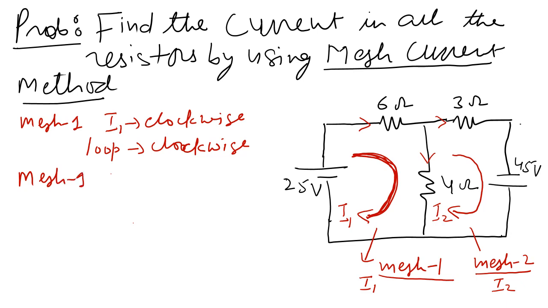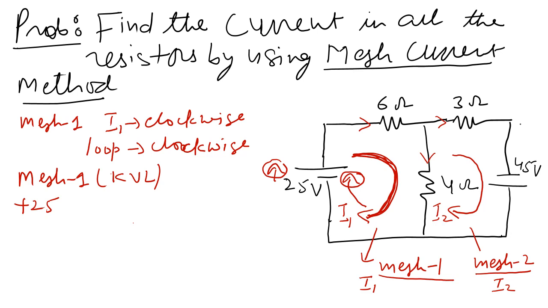So in mesh 1 we are applying the KVL rule. Now this loop direction will come here, and this is the direction of the 25 volt source. So this loop direction and this voltage source direction are the same, so it will be plus 25.